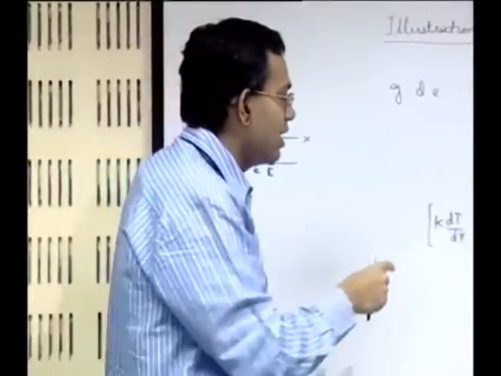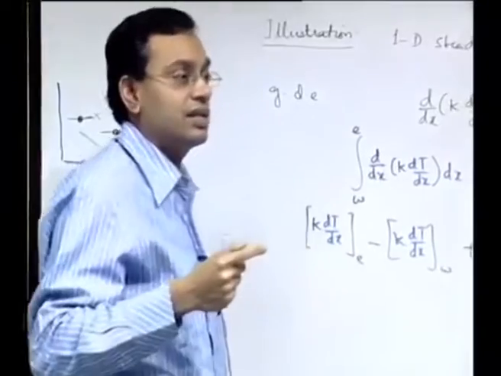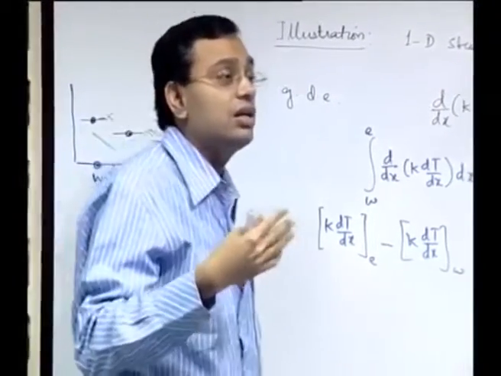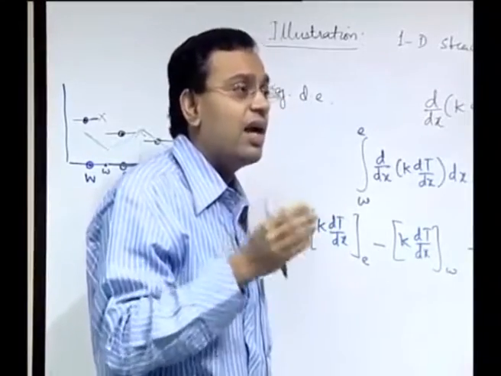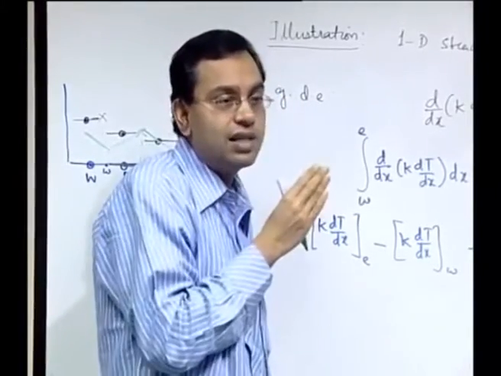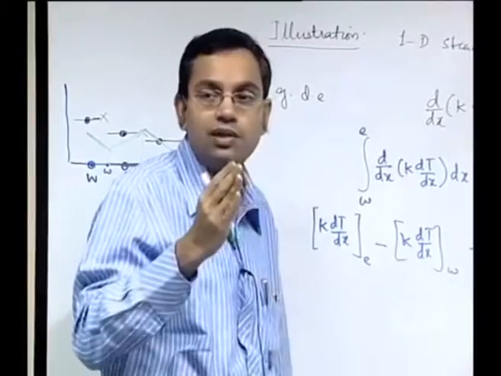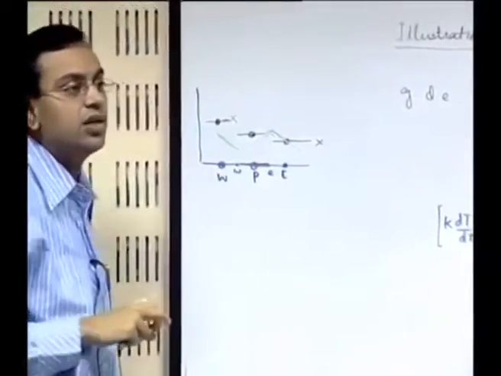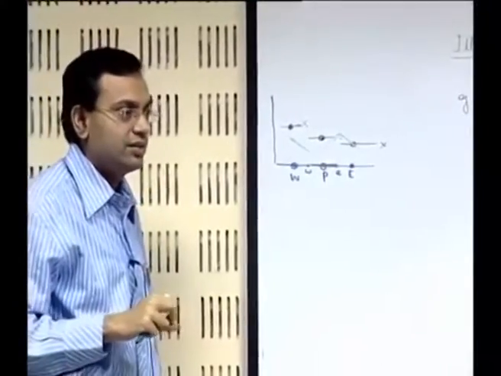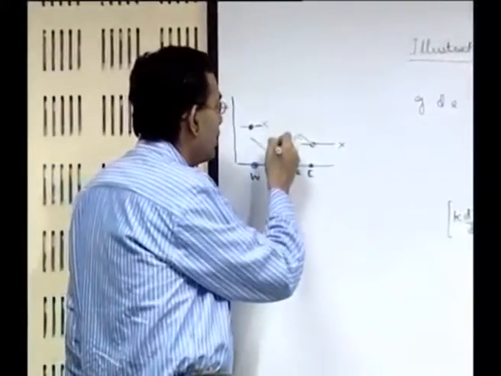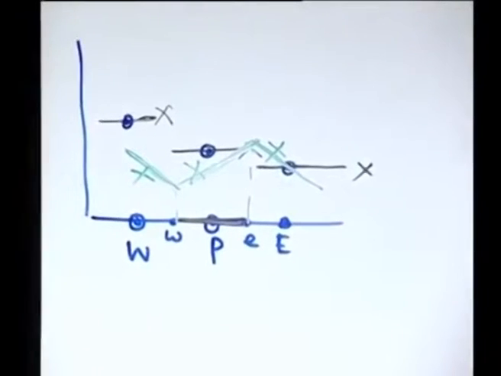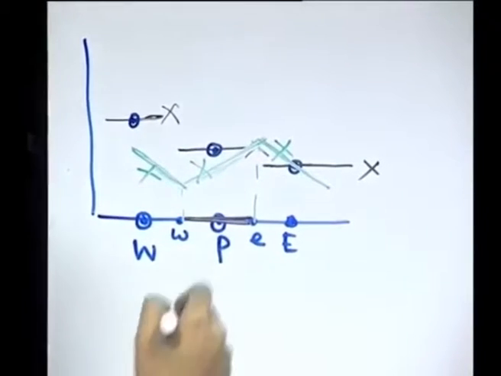That means k dT/dx is not continuous. Physically, what does it mean? Heat flux is not continuous. At a face, whatever heat flux enters the face, the same heat flux must leave the face, but this discretization does not automatically ensure that. So that is also not an acceptable profile assumption.